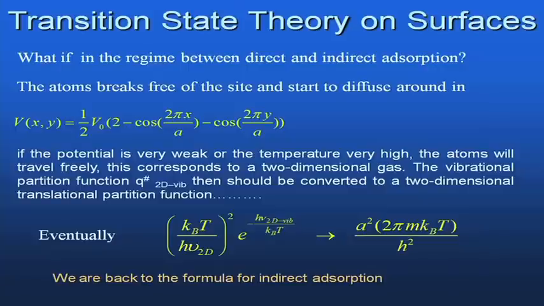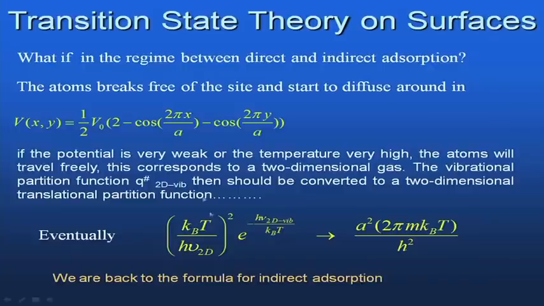Therefore, this situation can be regarded as a 2-dimensional gas. And the vibrational partition function, q double dagger 2D vibration, should then be converted to a 2-dimensional translational partition function, because the atom is moving around at the surface. Eventually this part will have to be replaced with this part.